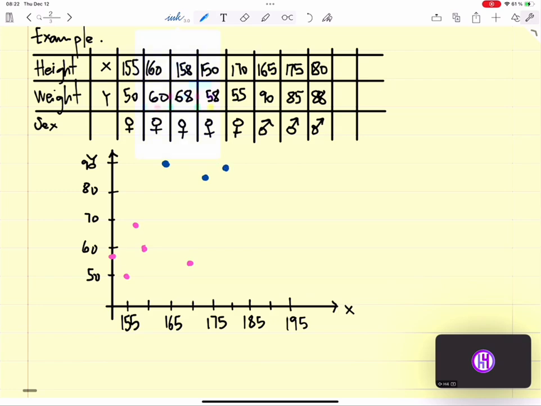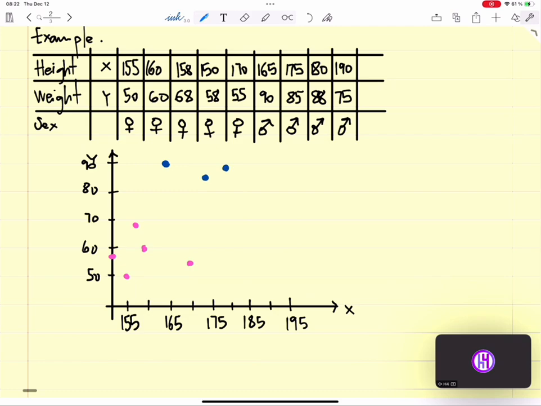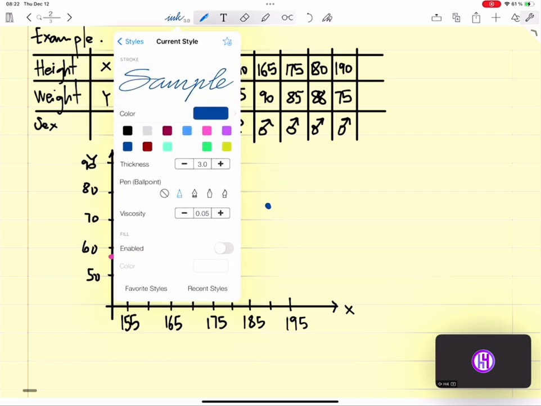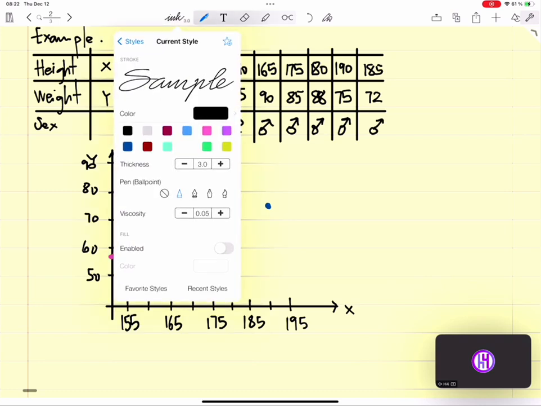Somewhere there. 190 and 75, and 185 and 72.